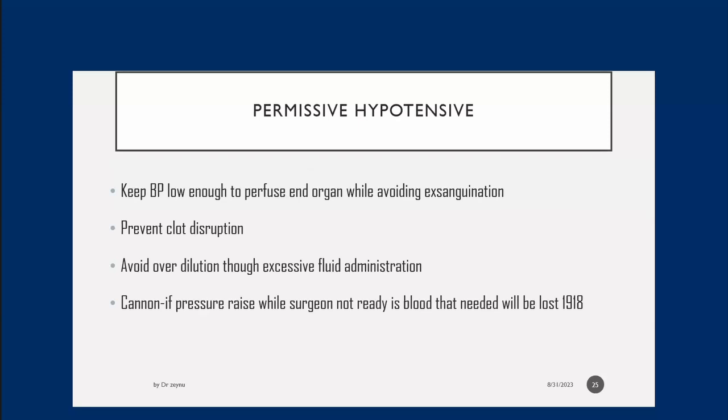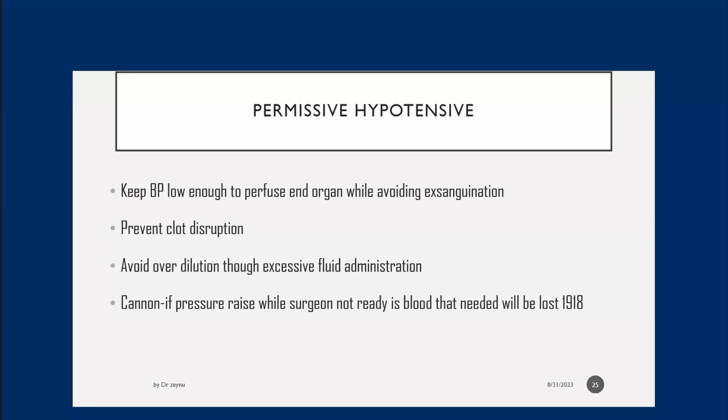It means keeping the systolic blood pressure in the lower normal range, in the 80s and 90s, so as to avoid exsanguination. This is clear: whenever the blood pressure increases, the clot will be disrupted, pop out, and bleeding will be worsened. For that matter, the permissive hypotensive resuscitation principle should be used. It's important to prevent clot disruption and also avoid over dilution through excessive fluid administration.